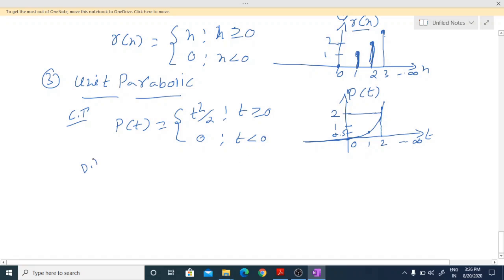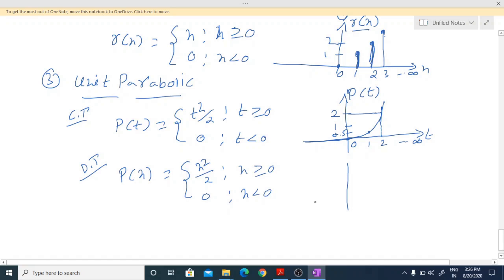In the discrete case, the parabolic signal is defined with p of n, and the formula is n square by 2 for n greater than or equal to 0, and 0 if n is less than 0.